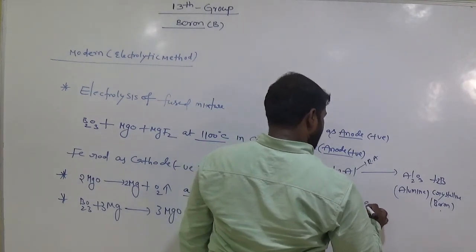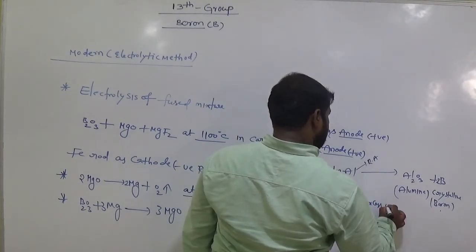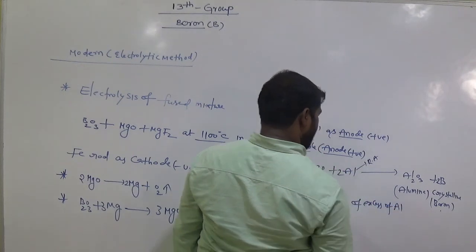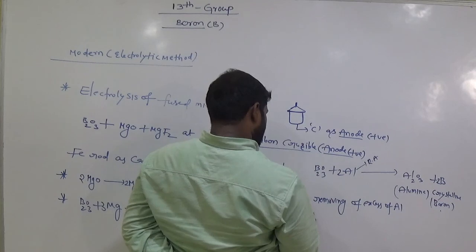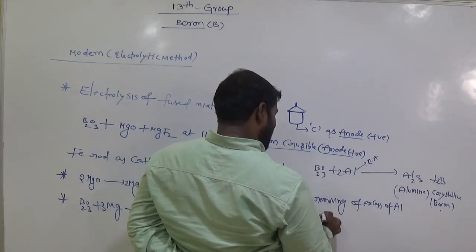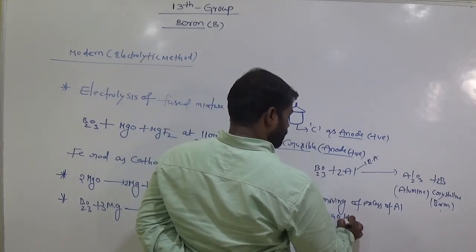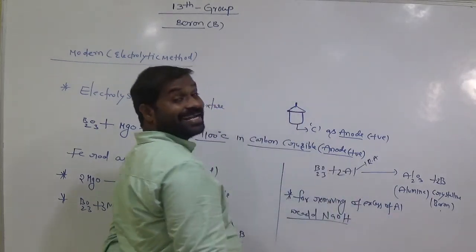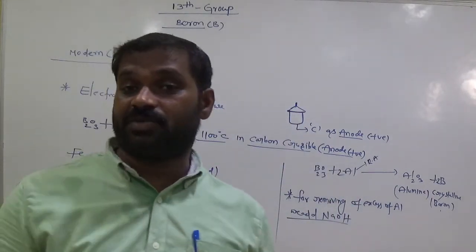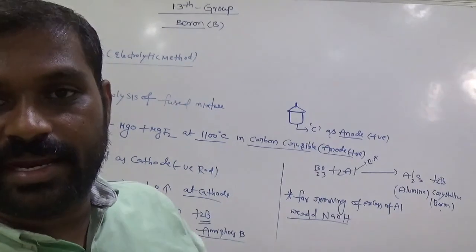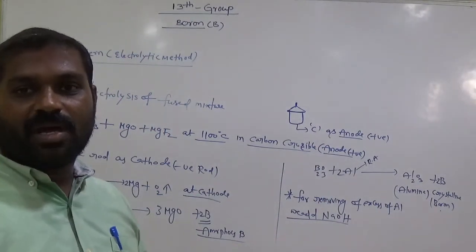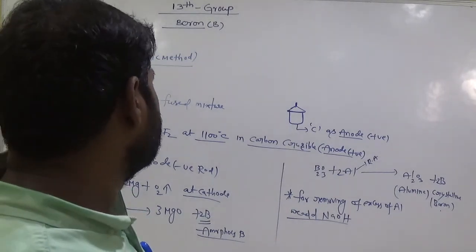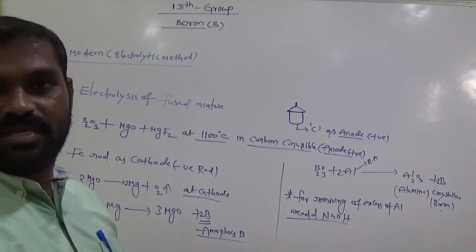Any unreacted aluminium with B2O3 is removed by NaOH. So these are the methods to prepare boron. Practice the equations, then it will become very easy for you.